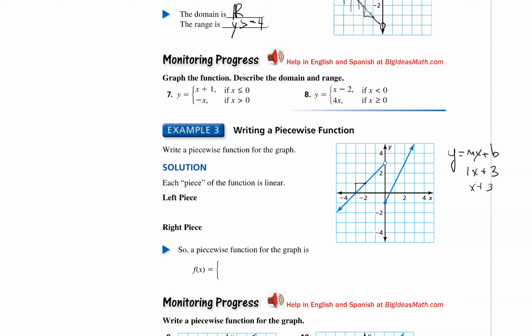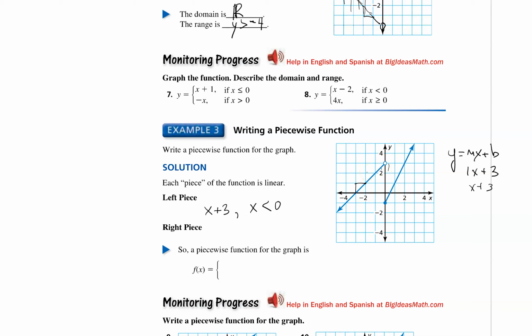And so the left piece would be x plus 3. And notice that it has the open circle there. So this is for the values x less than 0, not equal. The reason it's not equal is because we see that open dot.